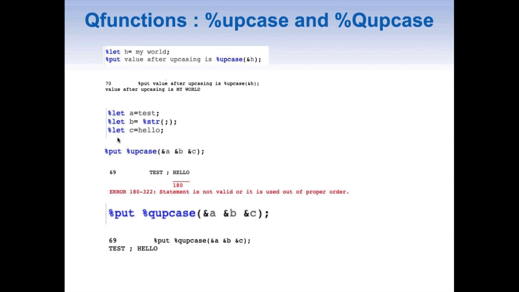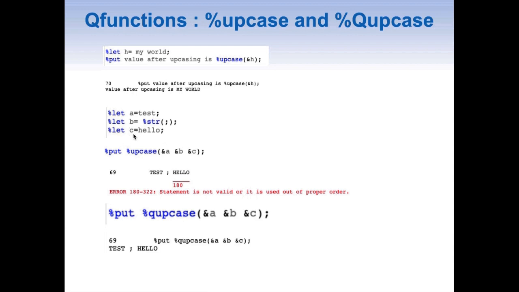In here I am creating three macro variables, a, b and c, and for a we have the value of test and for b we have the value of semicolon. To pick up the value of semicolon into the macro variable, we need to use %str. I have discussed in a lot of detail in my earlier video about %str and how quoting functions work.